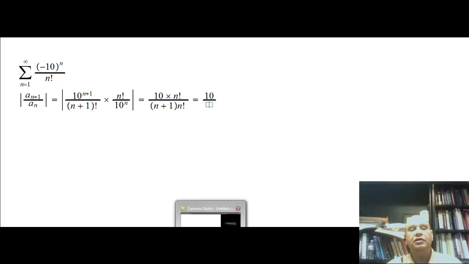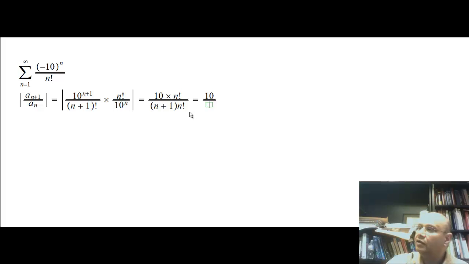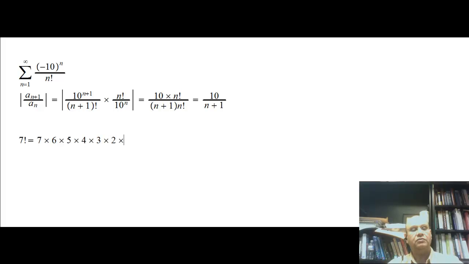Okay, I'll explain. Let's quickly review factorials. Say I have 7 factorial. 7 factorial is 7 times 6 times 5 times 4 times 3 times 2 times 1.